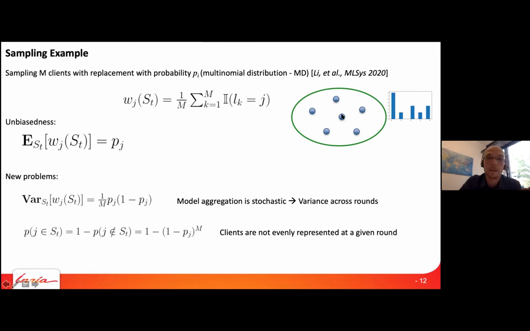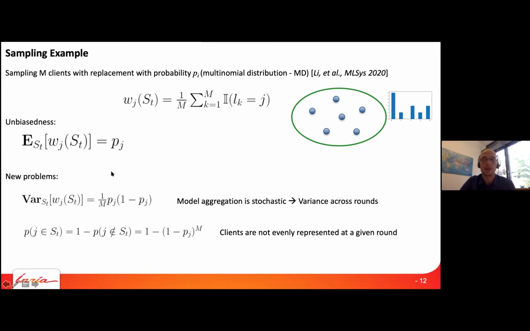It comes, however, with some drawback, because it means that now something that before in federated averaging, where we just gather all the clients together, is a deterministic operation. Now it becomes a stochastic operation. So we have some variance that we introduce. So this is a random variable. And for every client, we have this sort of Bernoulli trials.